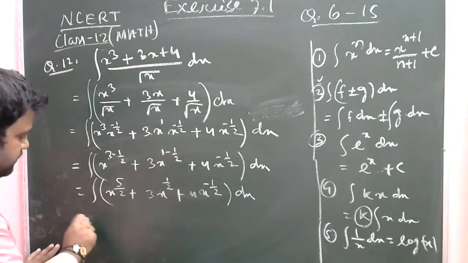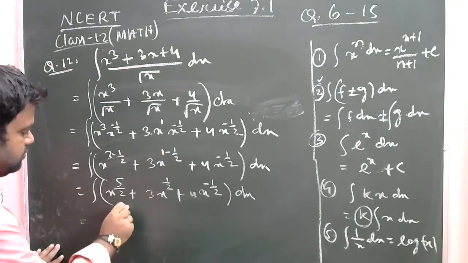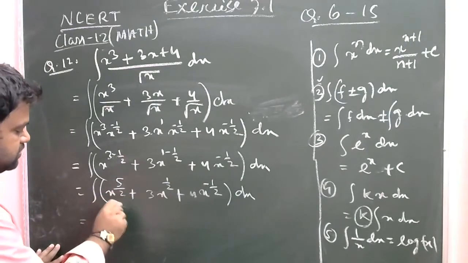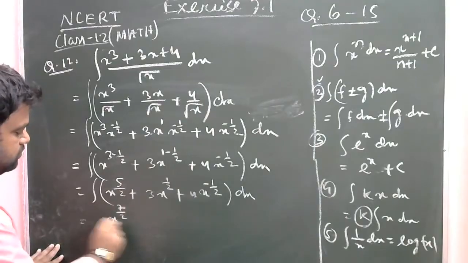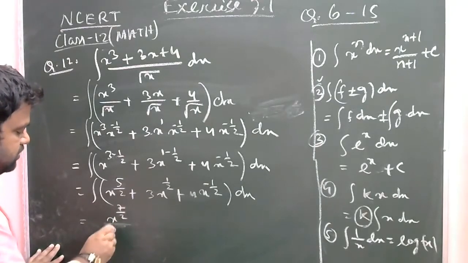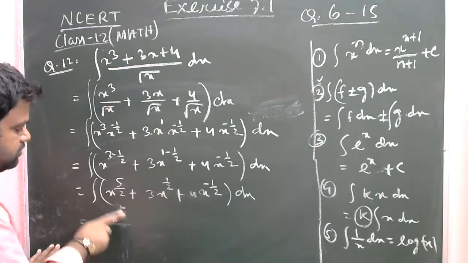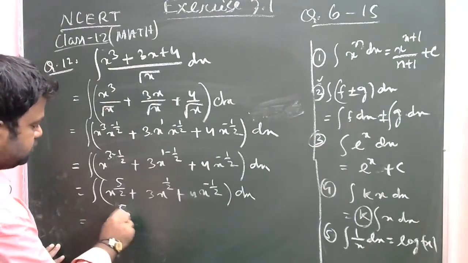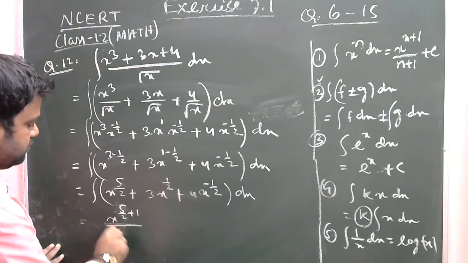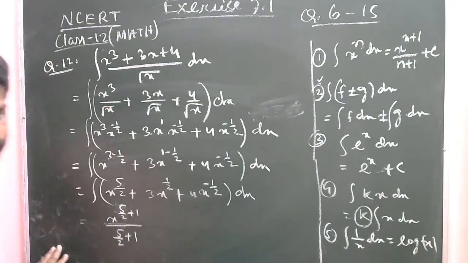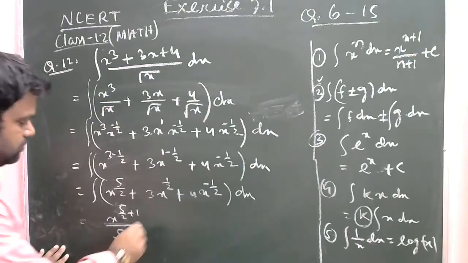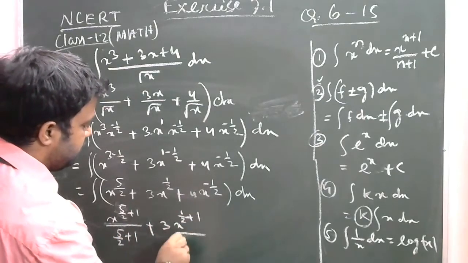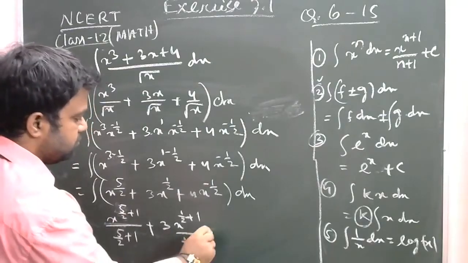So x to the power 5 by 2 means x to the power 5 by 2 plus 1, divided by 5 by 2 plus 1, that is 7 by 2. Okay, let me do it. So this is x to the power 5 by 2 plus 1 by 5 by 2 plus 1, plus 3 into x to the power half plus 1 by half plus 1.